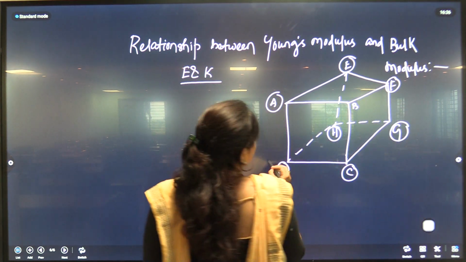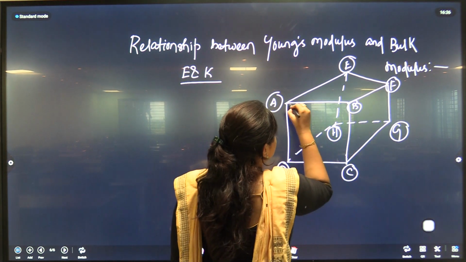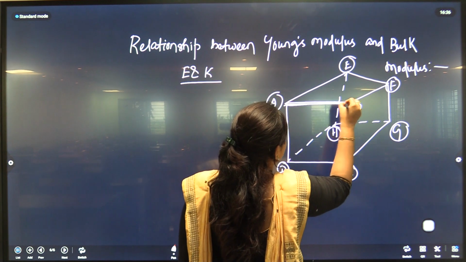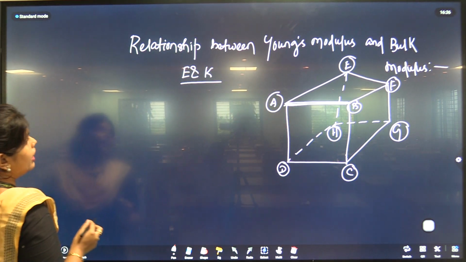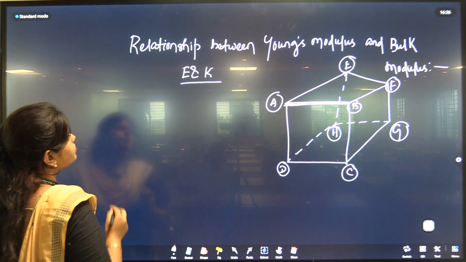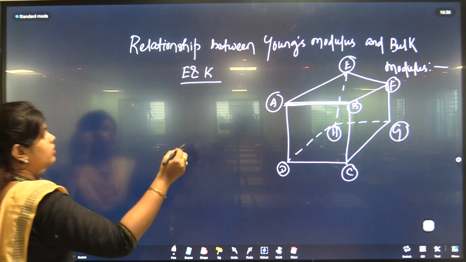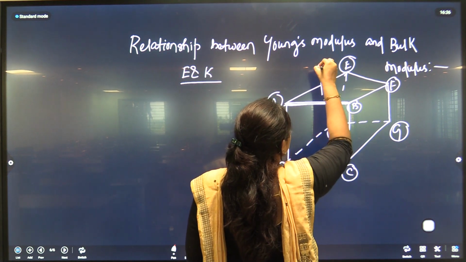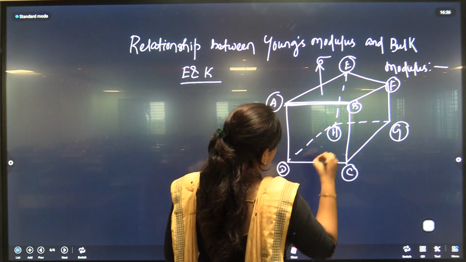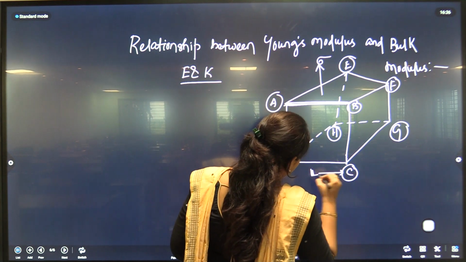We take face AB, this line, and calculate.